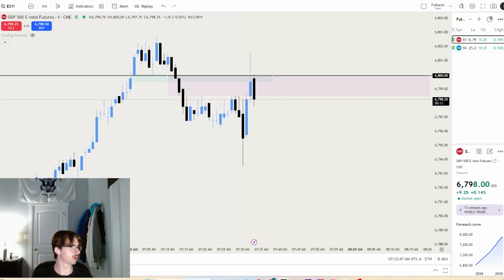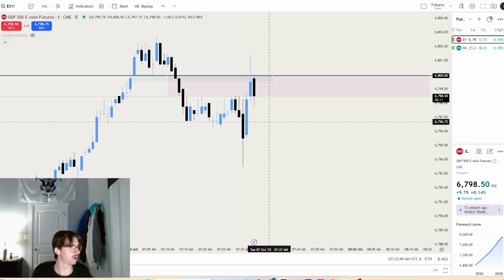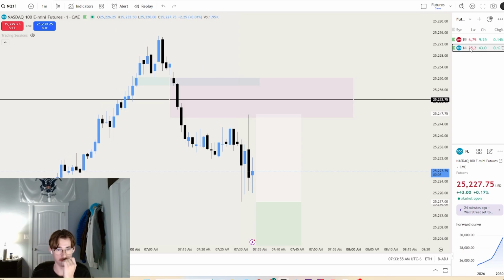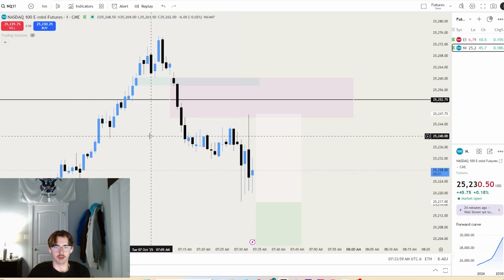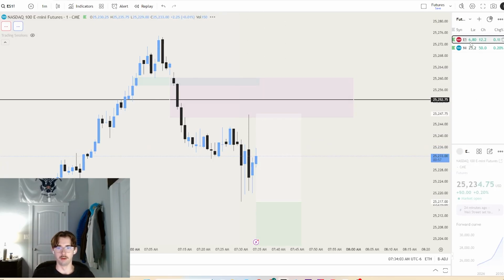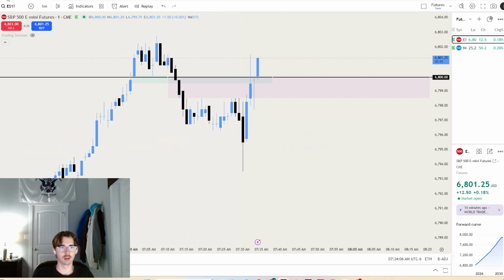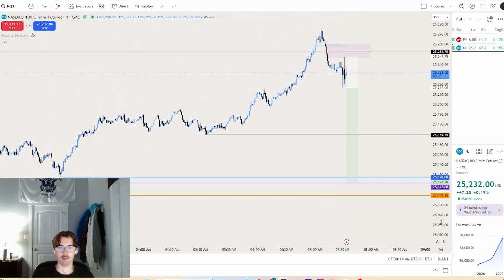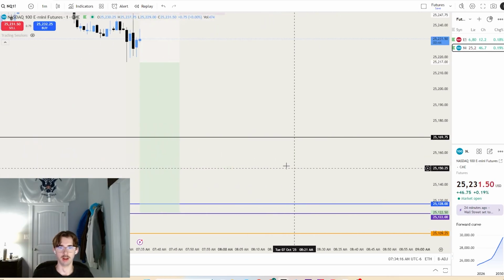I really want to take this trade on NQ, but the risk is crazy. I mean, it is still pretty early, which is good. It looks like we might even, if we inverse this gap, I'm gonna really reconsider a trade.